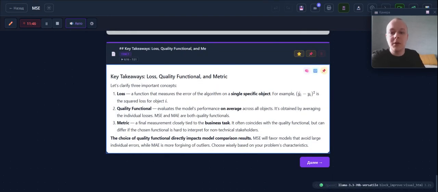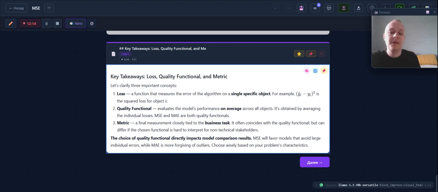And again, the key takeaway about the terms loss function, quality functional, and metric. Basically, loss function is the measure of an error for a single specific object, and the quality functional is MSE and MAE that we just discussed.